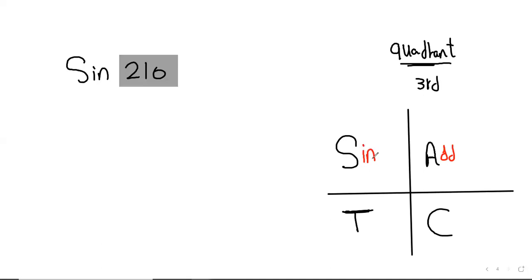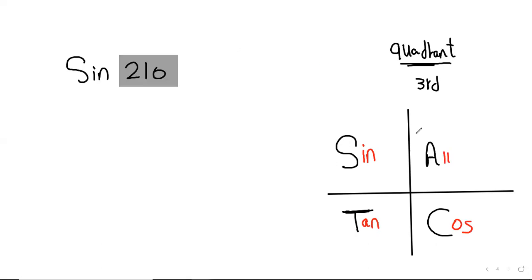In the third quadrant, tan is the only positive. And in the fourth quadrant, it is cosine. Do you understand? Yes.